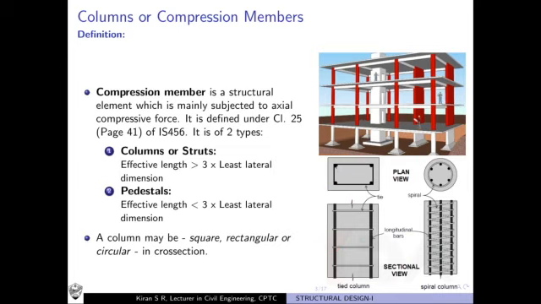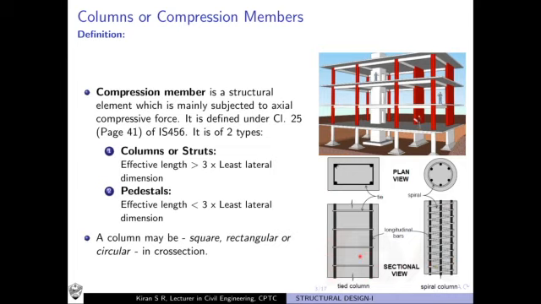It may be either rectangular or circular in shape, and these are sectional views. As you cut through the column along its height and look from the front, you will see these sectional views.